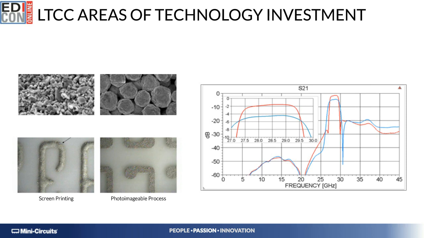In my presentation on the journey to LTCC solutions for millimeter wave applications, we spent a good time talking about Mini-Circuits technological advancements in LTCC enabling component developments in the millimeter wave spectrum.